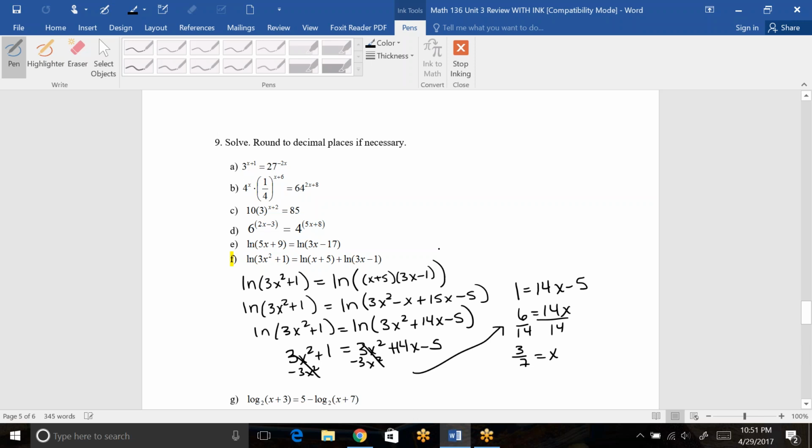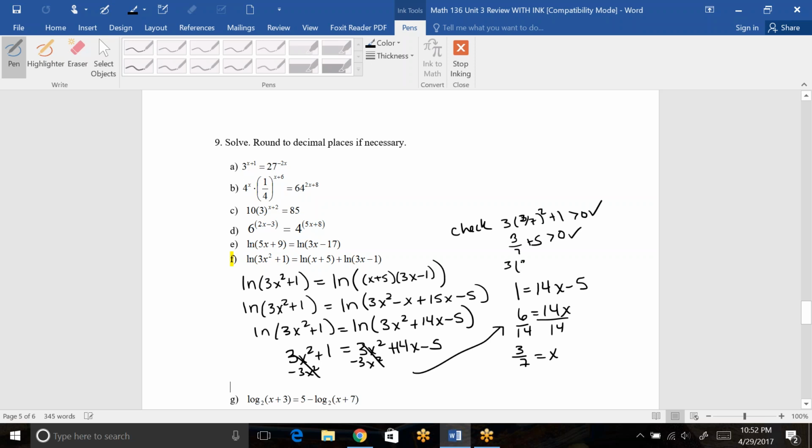Before we circle that, we need to make sure that it makes all of our insides of our logs greater than 0. So 3 times 3/7 squared plus 1. There's not a single negative in that part, so that's definitely going to be greater than 0. 3/7 plus 5, because that's my second log, is greater than 0.